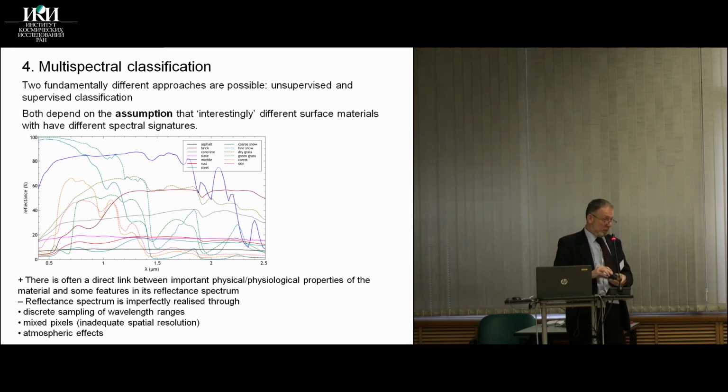We have mixed pixels. We always have mixed pixels. So what's in one pixel is always a mixture of materials at some scale or other. Also, we make our observations, if they're satellite observations, from outside the Earth's atmosphere, and the Earth's atmosphere changes what we see in ways that we need to correct for and may not completely know.